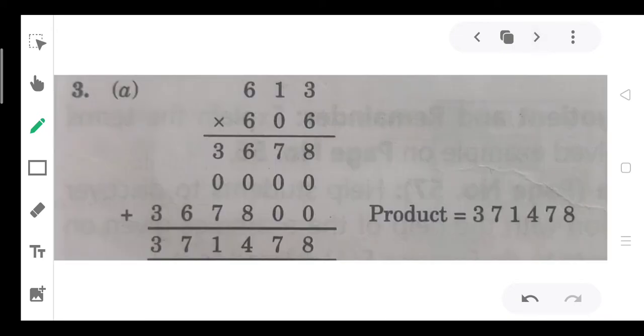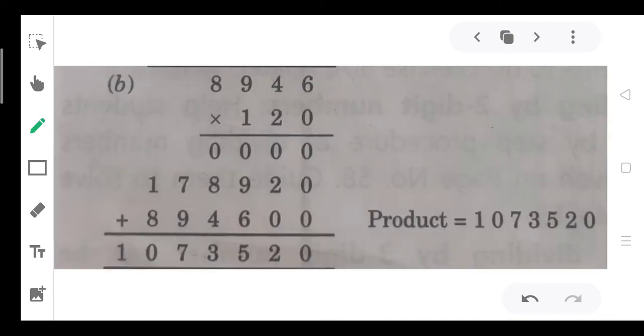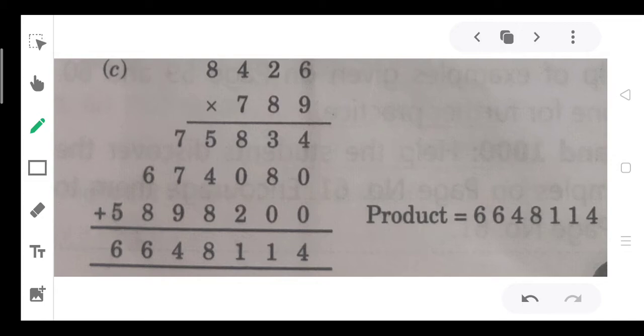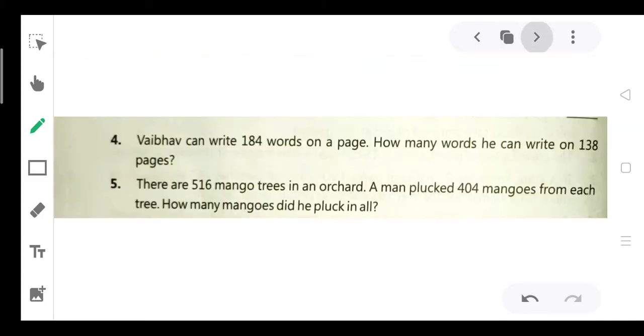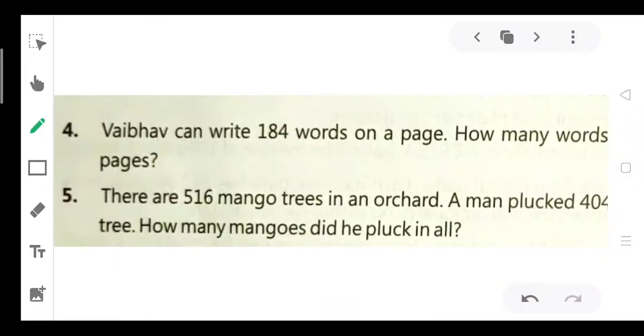Now next question. This is statement sum question number 4 in front of you. Vaibhav can write 184 words on a page. A page means one page. On one page, Vaibhav can write 184 words.